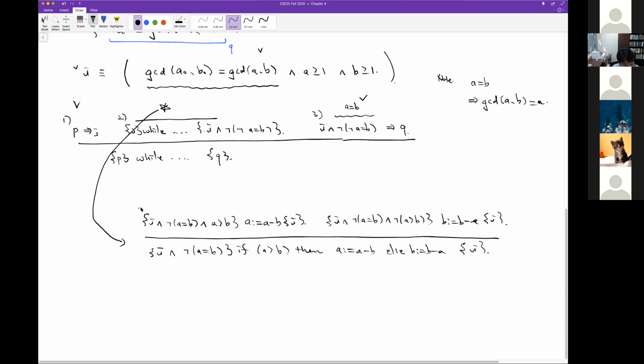What we do is, this time I'm going to use the backward rules. So if you use the backward rules, for the assignment we have I where A becomes A minus B. This comes from the backward rule for assignment.